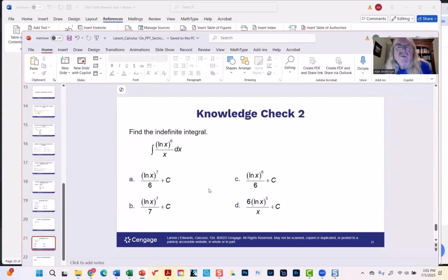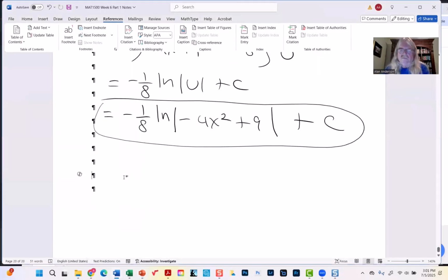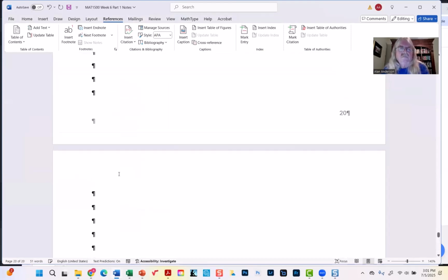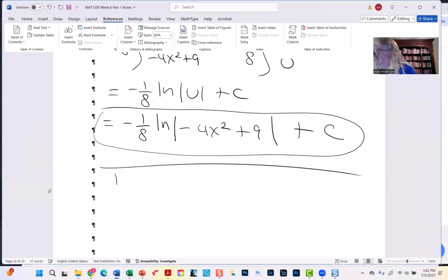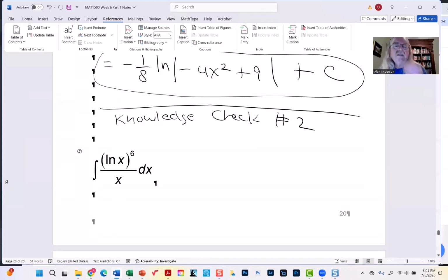And now what about this one? Ooh, this one looks kind of tricky. So I think we're going to wind up with another substitution.